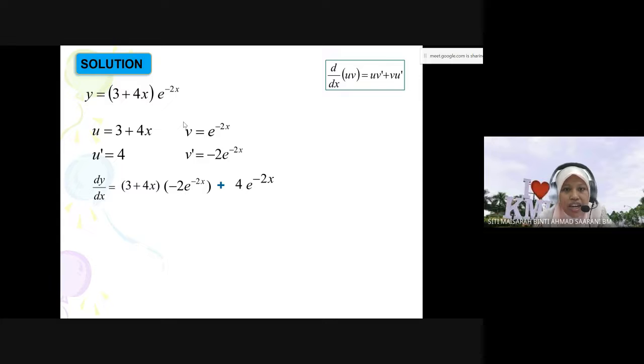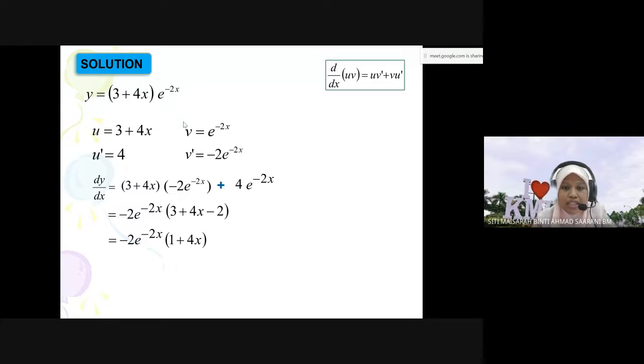And then after that, we factor negative 2e negative 2x. Then we get 3 plus 4x minus 2. What is in the bracket is 3 plus 4x minus 2. Simplify further, we get negative 2e negative 2x multiply 1 plus 4x. Okay, so this is dy dx.